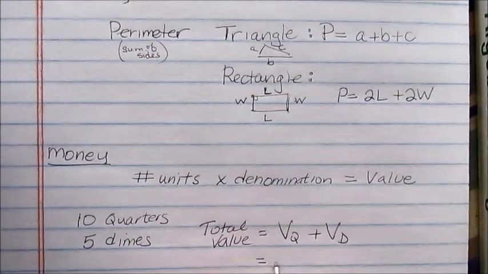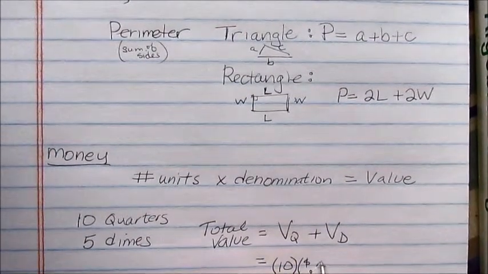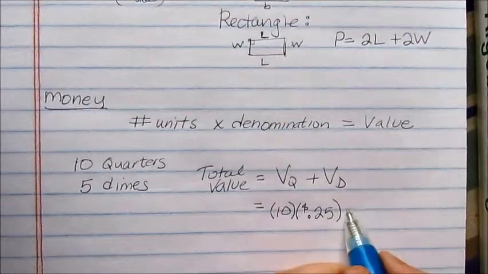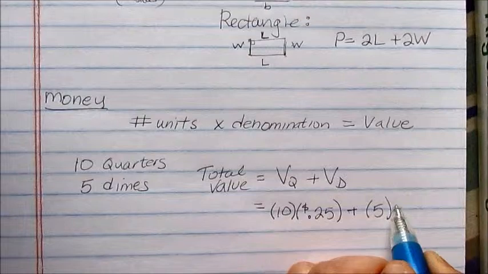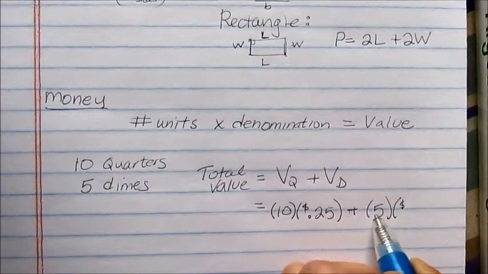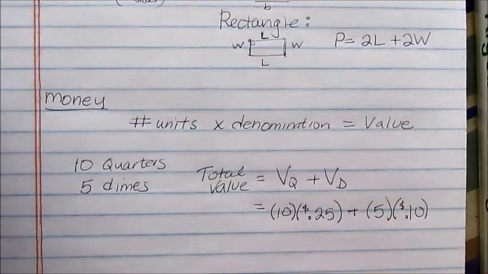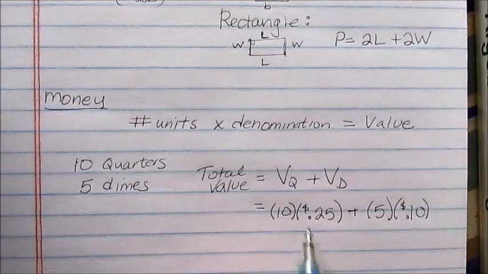The value of my quarters, I have 10 quarters and they are each worth 25 cents. Plus the value of my 5 dimes. I have 5 dimes, that's the number of units, and my denomination is 10 cents, or 1/10 of a dollar, and this is 0.25 of a dollar.